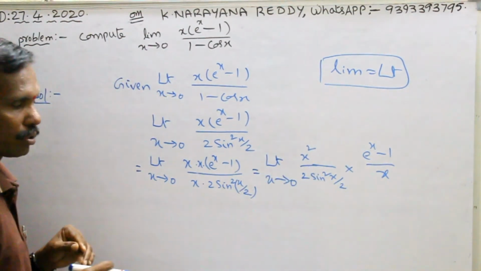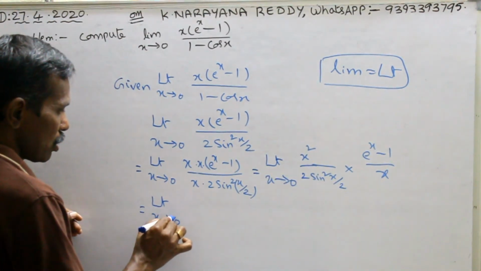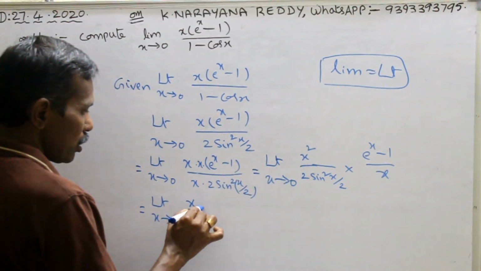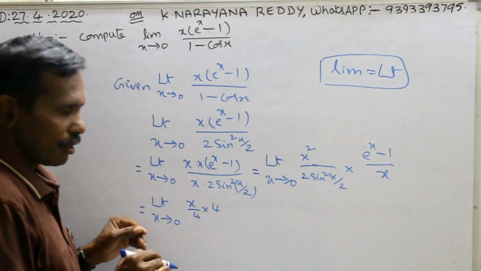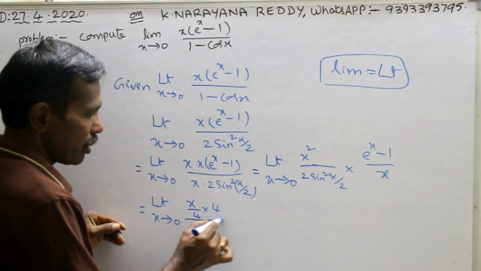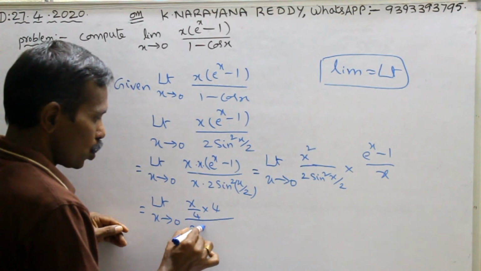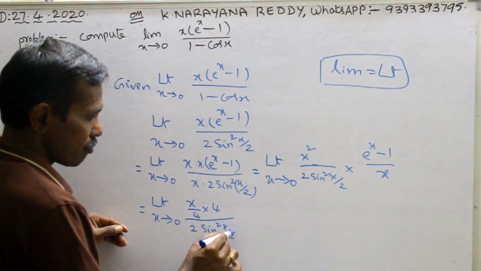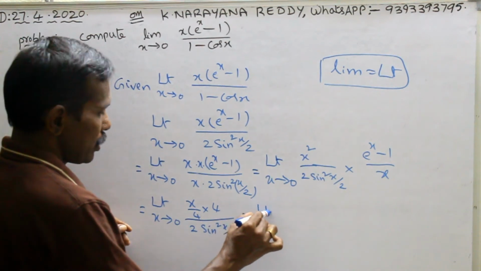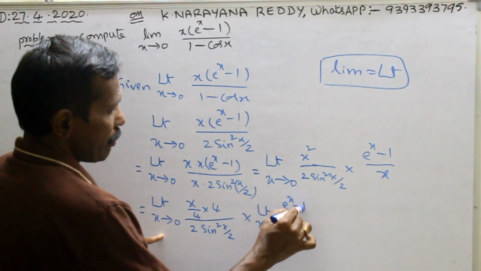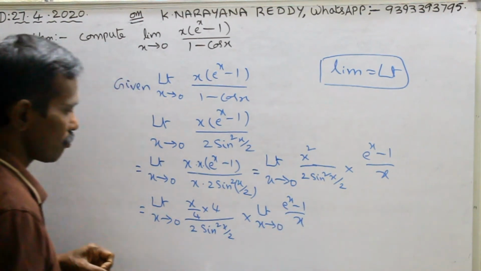I am separating that. Tends to 0, x square by 4 into 4. I am multiplying with 4 and dividing with 4, divided by 2 sin square x by 2, into limit x tends to 0, (e power x minus 1) by x.